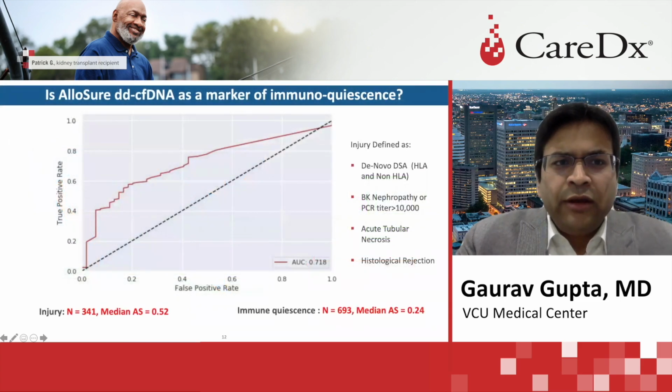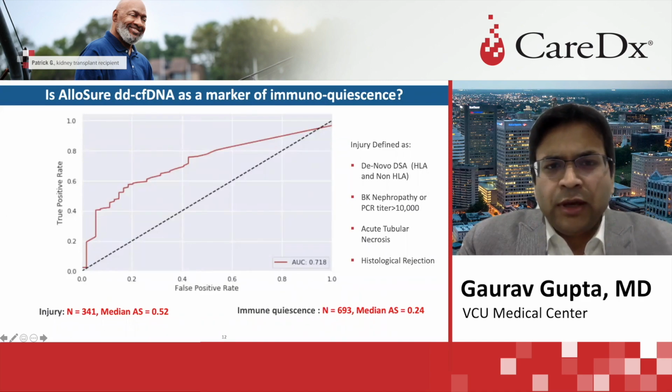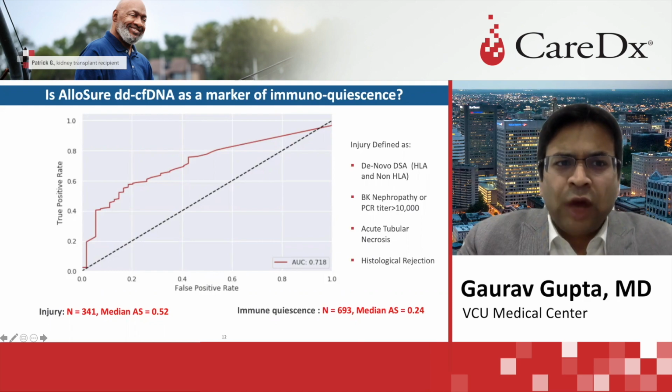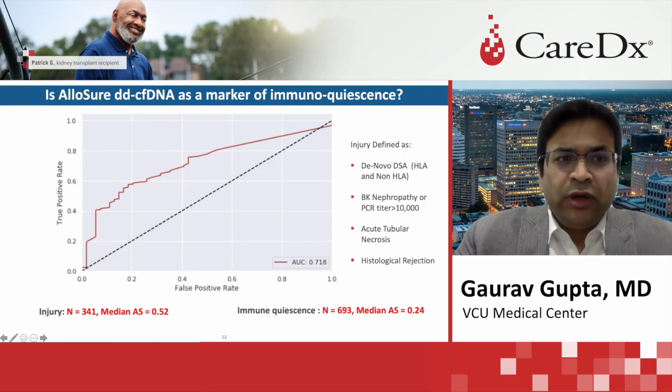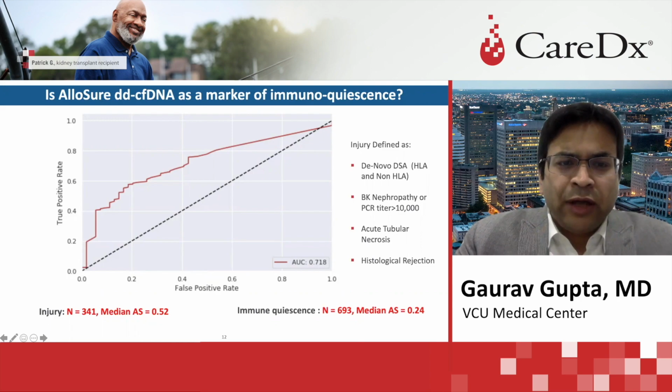So what was done here was to look at the presence of any injury based upon a composite of development of de novo DSA, acute tubular injury, BK virus, or rejection. And we compared AlloSure in these patients to those without any obvious injury, which was defined as graft quiescence. Patients with injury had an almost 2-fold higher median AlloSure at around 0.5 compared to those in a quiescent state.